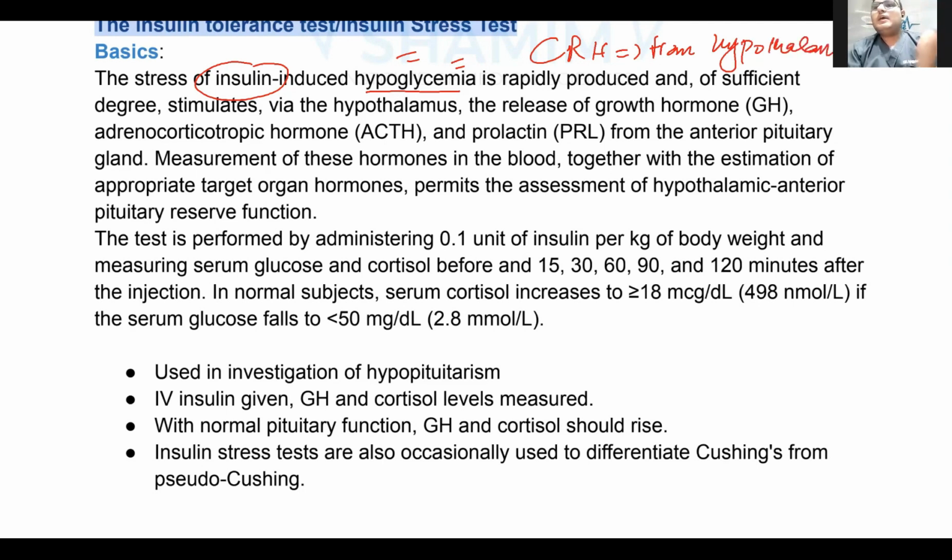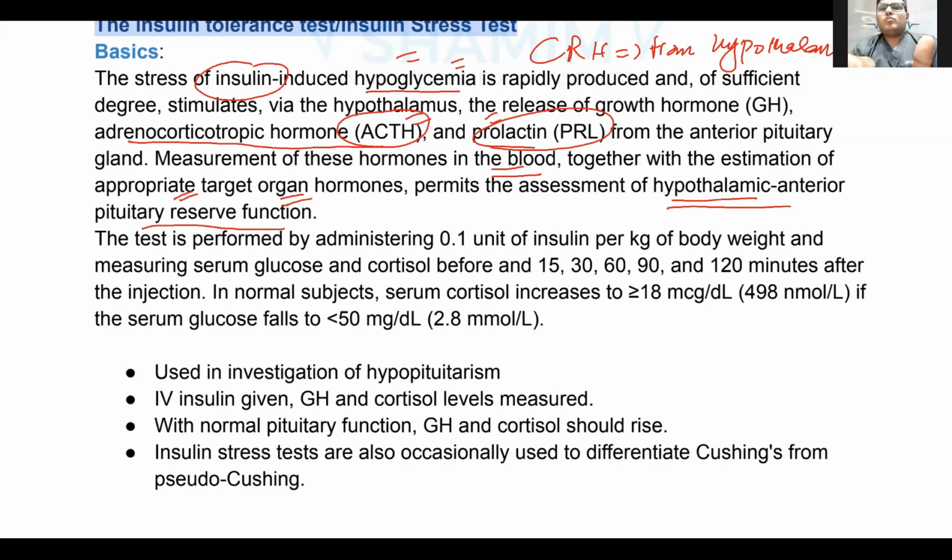The anterior pituitary will then release ACTH and prolactin. We measure the hormones in the blood and estimate the appropriate target hormones released from the anterior pituitary. In summary, it assesses whether the hypothalamic anterior pituitary reserve function is present.